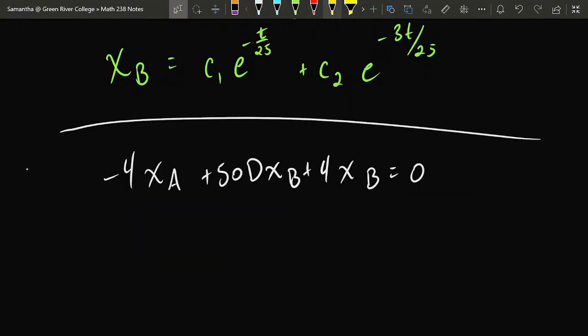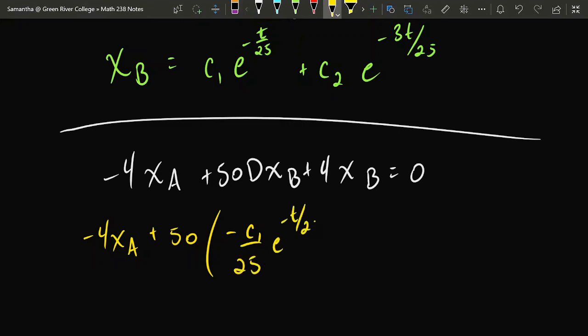So if we substitute the formula that we just found for x sub b, negative 4x sub a plus 50 times the derivative of x sub b, which, looking at x sub b, looks like it will be negative c1 over 25, e to the negative t over 25. And then the derivative of the second term would be similar, except with a 3.